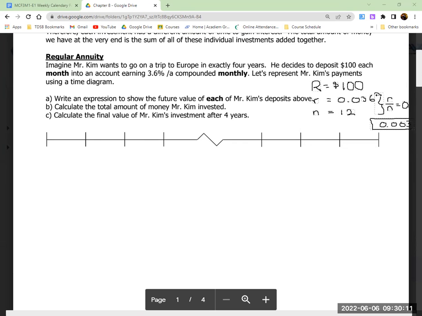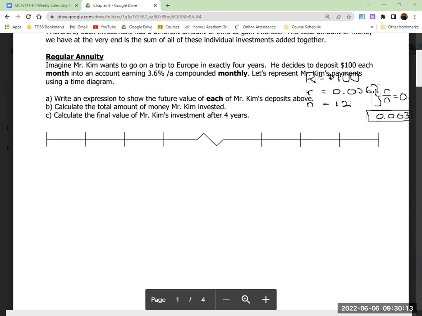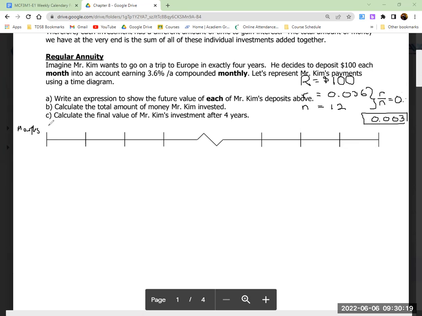Let's do this. Okay, this is going to be my months. That's month 0, month 1, month 2, month 3. And of course, how many months at the end of 2 years? That's 24. 24, which means this must be 23, which must mean this is 22, which must mean this is 21 months.